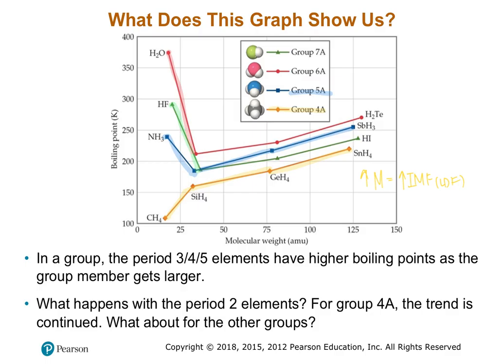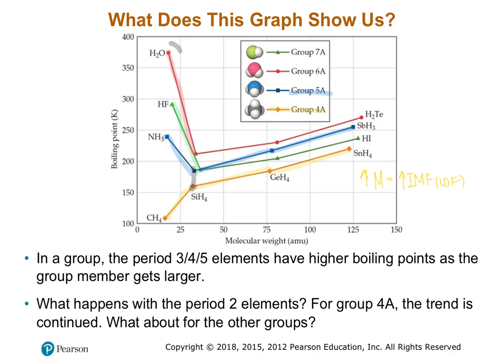So we can assume that the reason why we have an increase from silicon, the silica compound, to the one above it is because of polarity, right? We have nitrogen. With these other compounds, we have a higher molar mass. We also have some of these particles being polar.